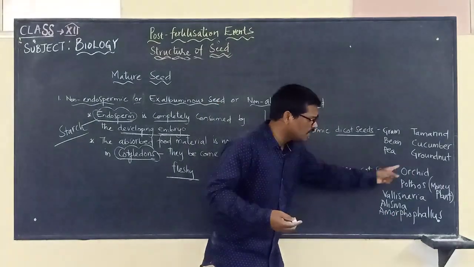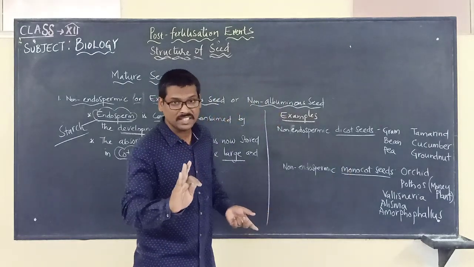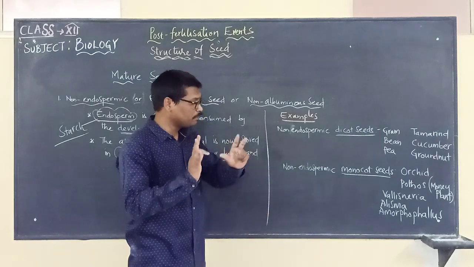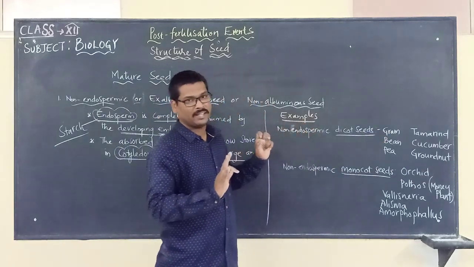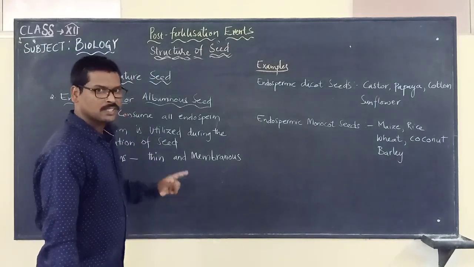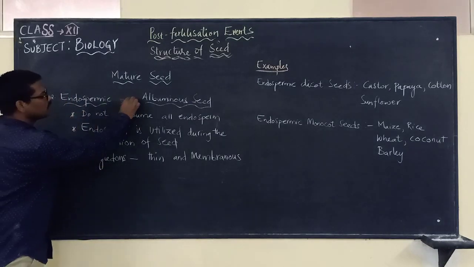All these are monocot seeds which do not have the endosperm. So you have to be very careful with the examples and keep them in mind for objective purposes. Now we will discuss the next one, called endospermic or albuminous seeds.